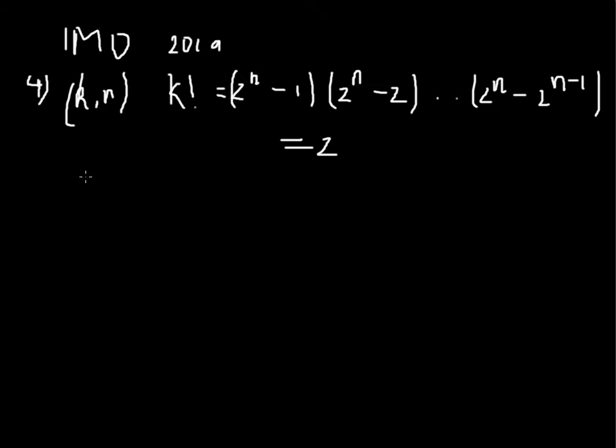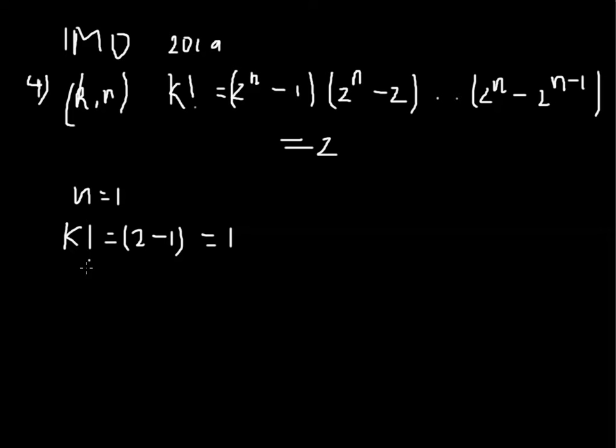So the solution is that, let's take n equals 1. Then k factorial equals 2 to the power 1 minus 1. So that's just one term. If I go to infinite terms, it's just going to be 1 times 1 times 1 times 1. So the answer for this one is 1.